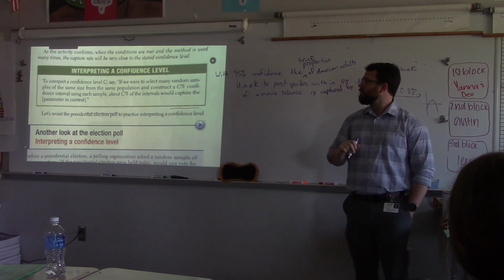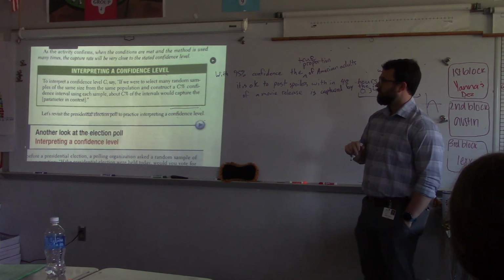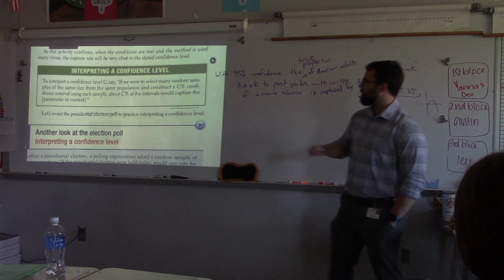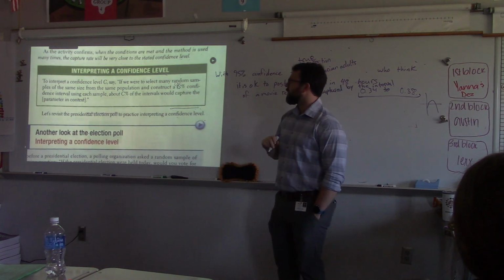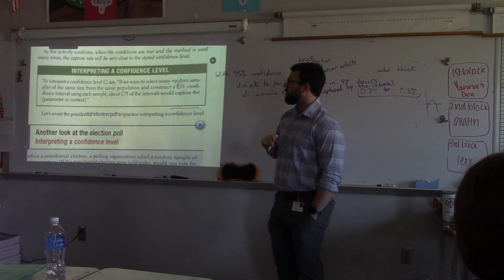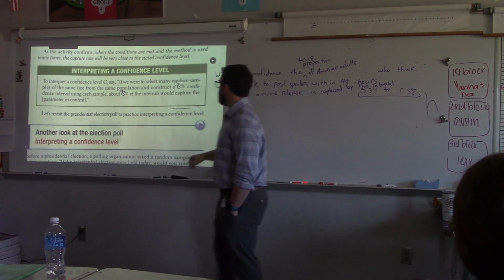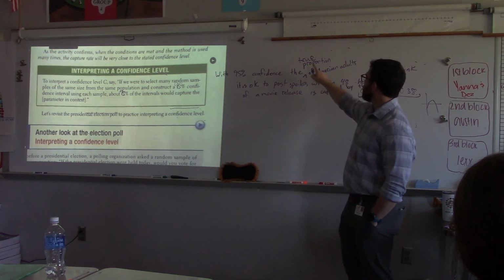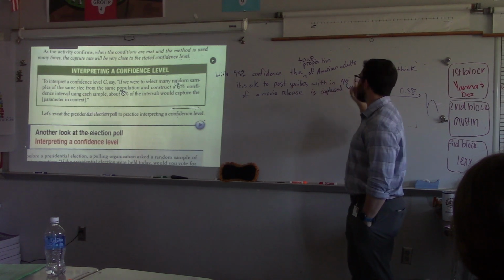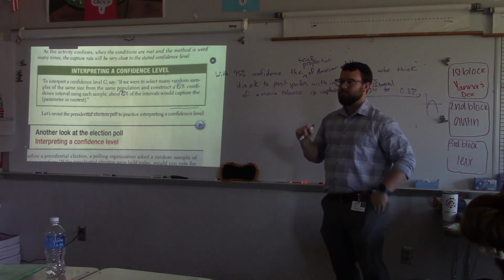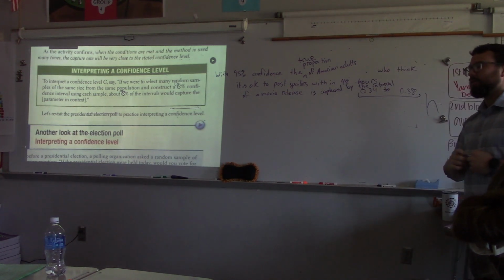Read it off. If we were to randomly select many random samples of the same size from the same population and construct a 95% confidence interval using each sample, about 95% of the intervals will capture the true proportion of American adults who think it is okay to post spoilers within 48 hours of movie release. That's it.